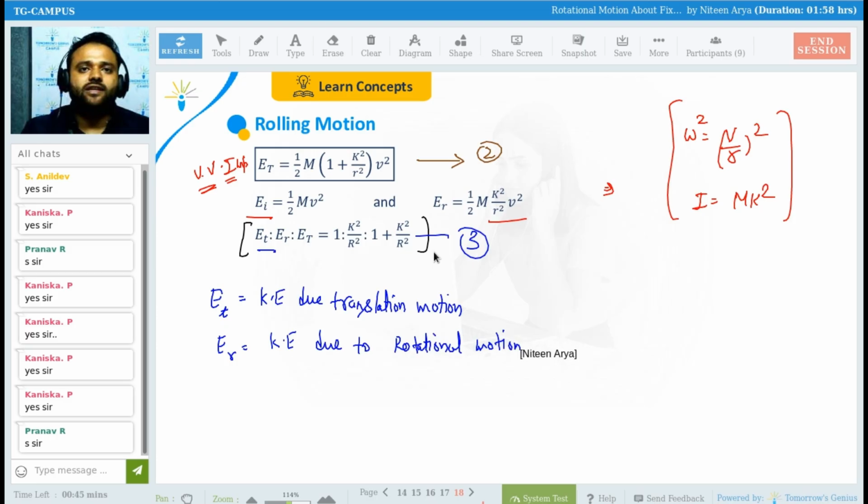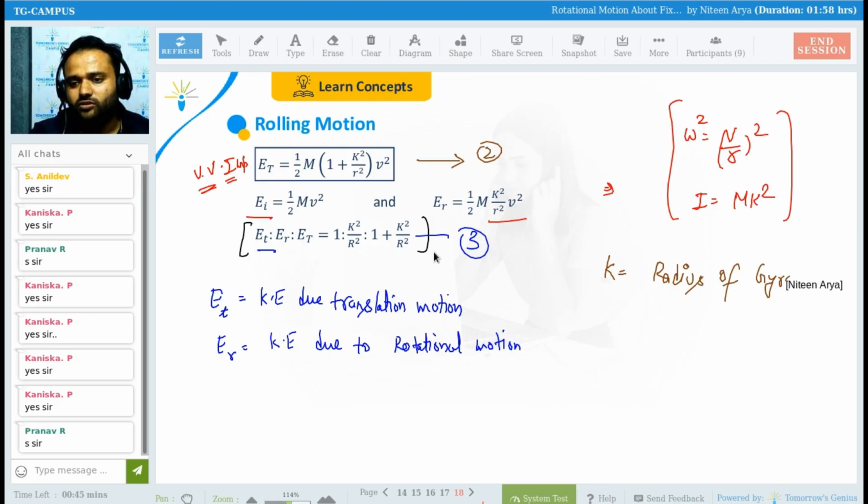Small t is for translational motion, small r is for rotational motion, and capital T for total. So 1 plus k²/r², where k is the radius of gyration. Same color, same thing: k is radius of gyration. Is this clear, everyone? Clear, beta, this thing?